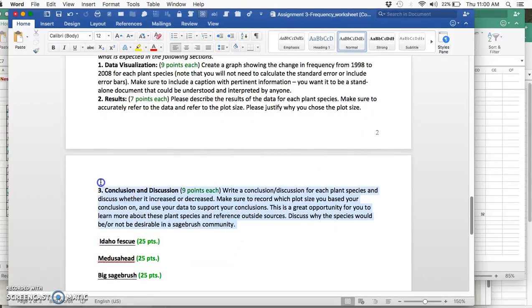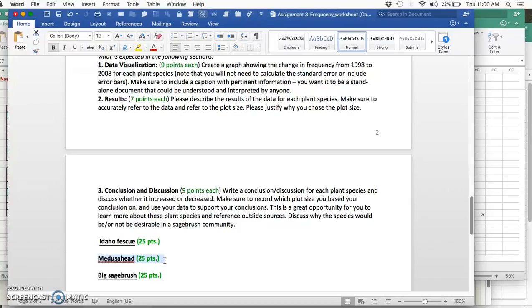For the conclusion and discussion, the main point here is that you connect the results with the conclusion. So let's say Medusa head had reduced in frequency from 50% to 20% or something like that.